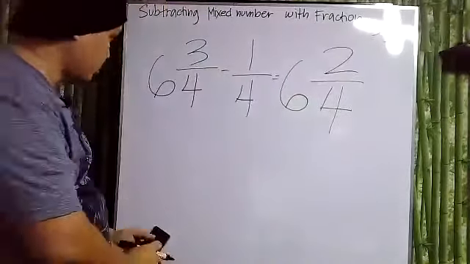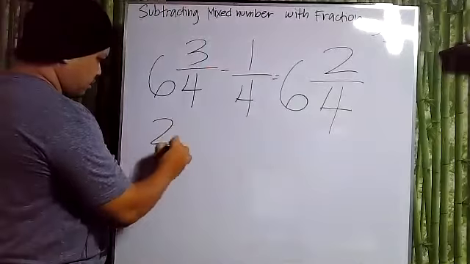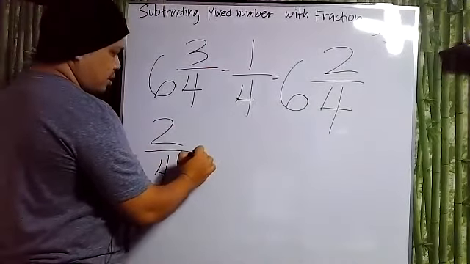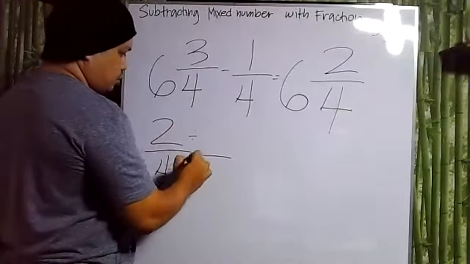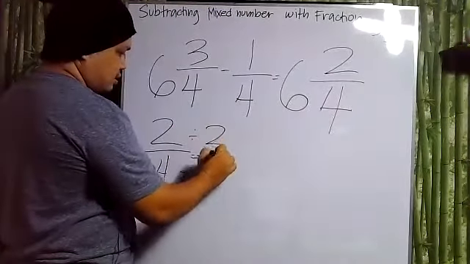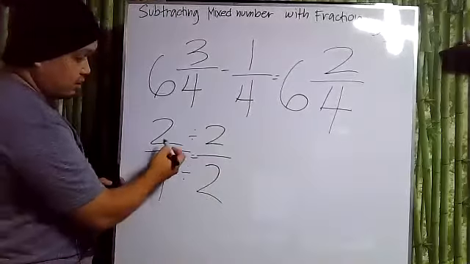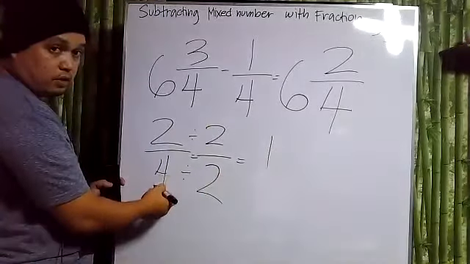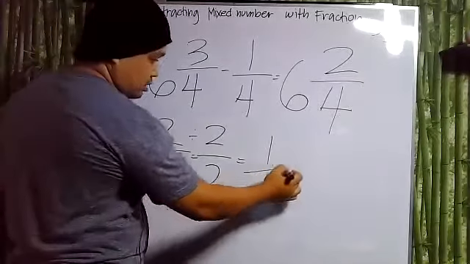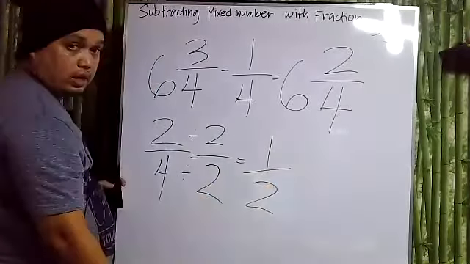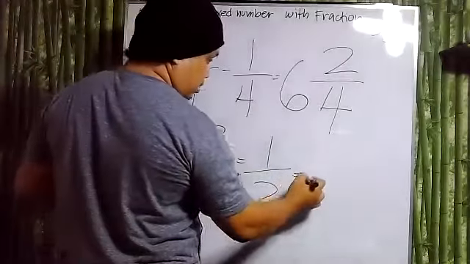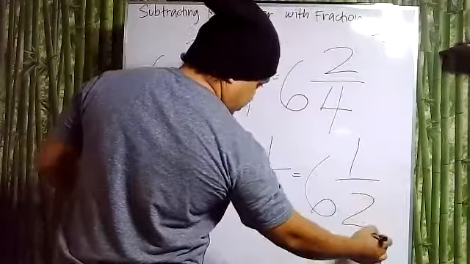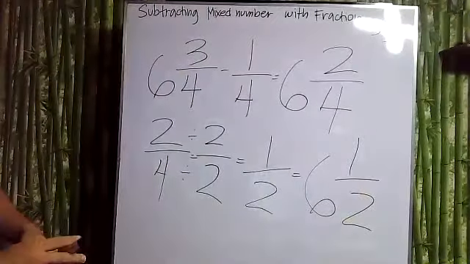The 2/4 here you can still simplify because you can divide them both by 2. Now 2 divided by 2 is 1, and 4 divided by 2 is 2. So it becomes 1/2. Therefore, our final answer here is 6 and 1/2.